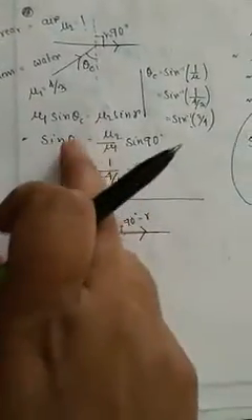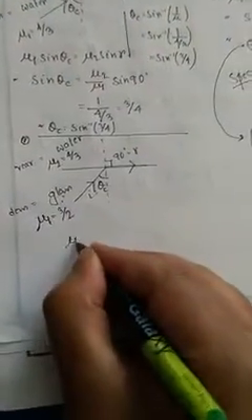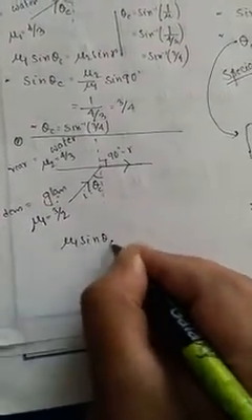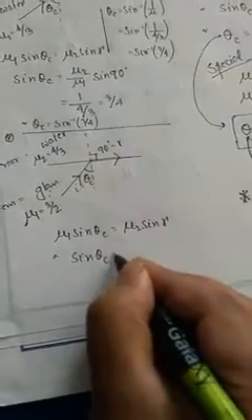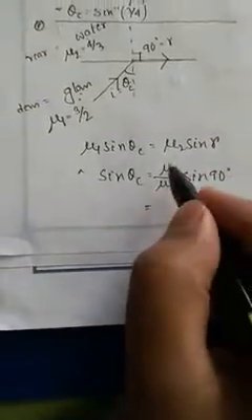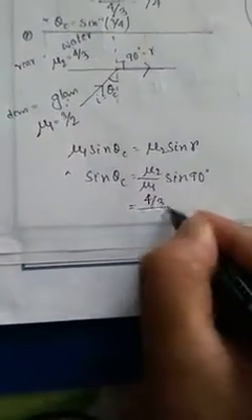Again I am applying this formula: mu1 sine theta c equal to mu2 sine r. So sine theta c equals mu2 by mu1 times sine 90 degrees. What is the value of mu2? That is 4 by 3. What is the value of mu1?